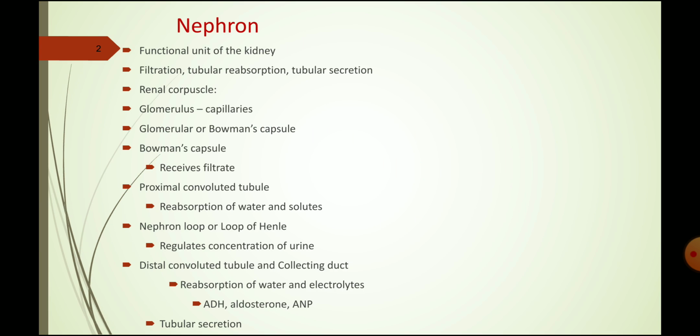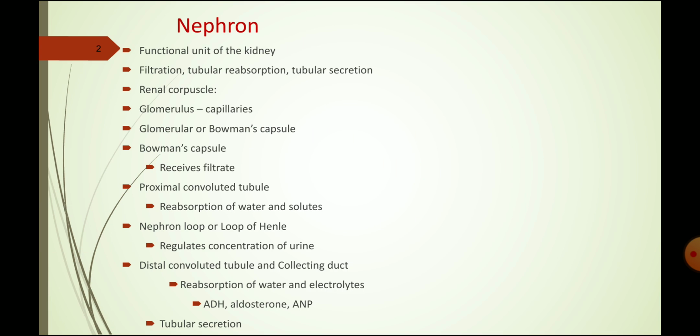Each renal corpuscle consists of a glomerulus, which contains afferent and efferent arterioles, then the glomerular or Bowman's capsule, which receives the filtrate. Then there is the proximal convoluted tubule, which reabsorbs water and solutes, and the loop of Henle or nephron loop, which has an ascending and descending limb and regulates the concentration of urine.